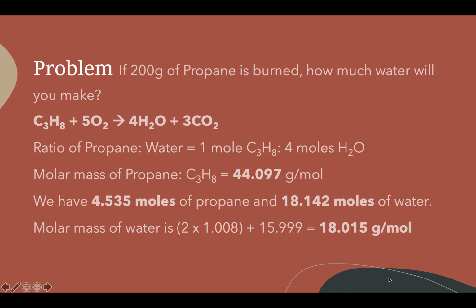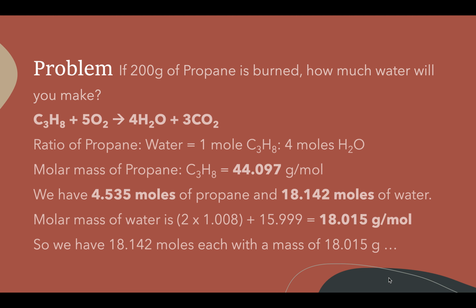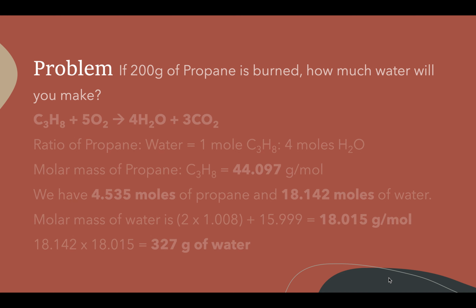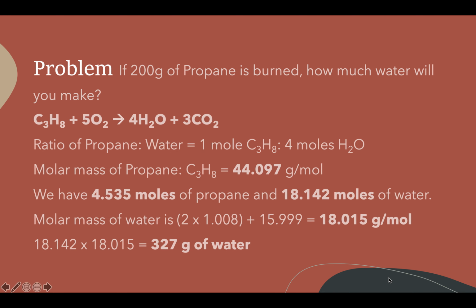We've worked that out before, 2 hydrogens and 1 oxygen. And therefore, given that we have 18.142 moles, and given that each mole has a mass of just over 18 grams, that adds up to 327 grams of water.